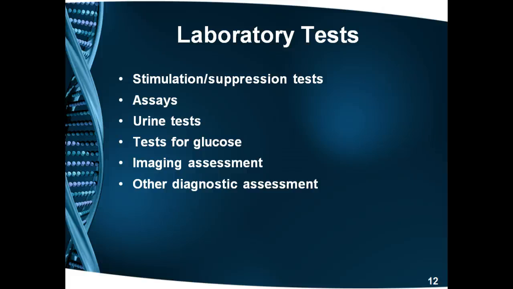Okay. I also wanted to briefly discuss various laboratory tests. The laboratory tests that you'll be assessing when you're talking about endocrine function are what they call stimulation or suppression tests.